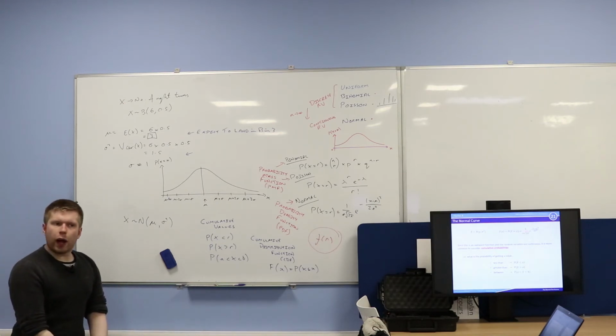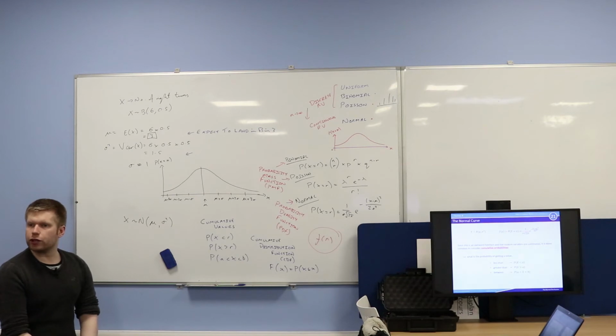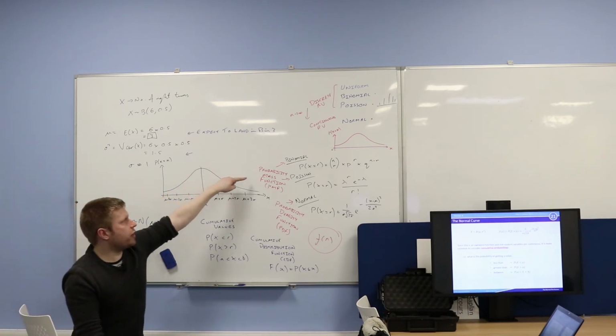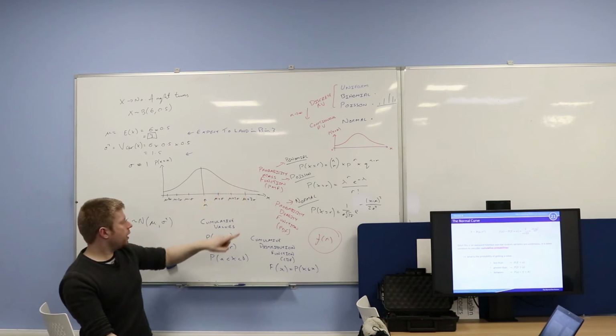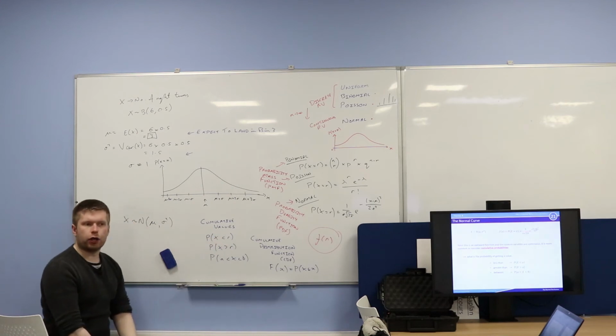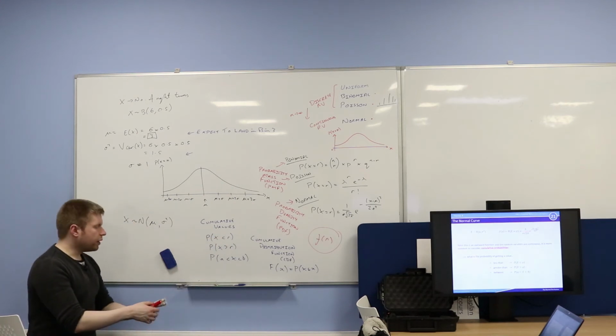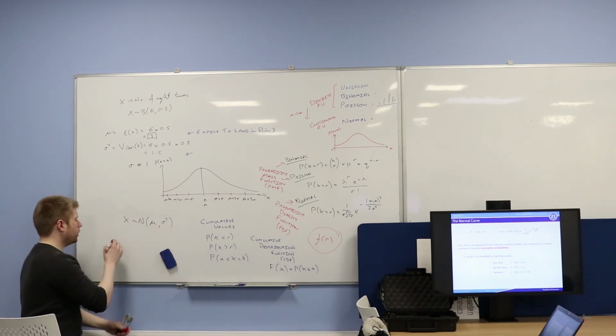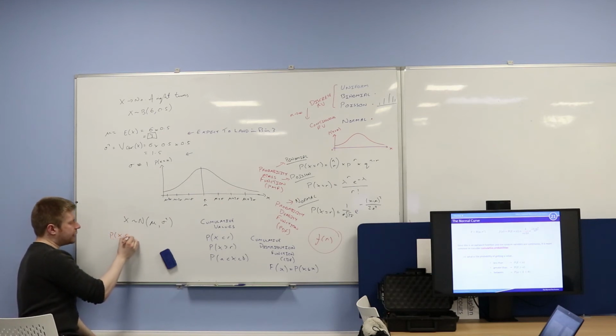Now I've got a question for you. It's quite an important question. With discrete distributions, if I was talking about the probability that x is less than some value, so for example, for a binomial distribution, what's the probability that x is less than 3?